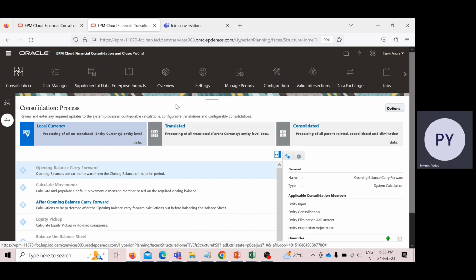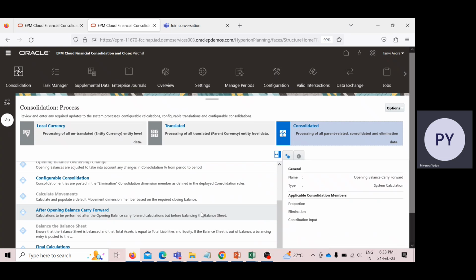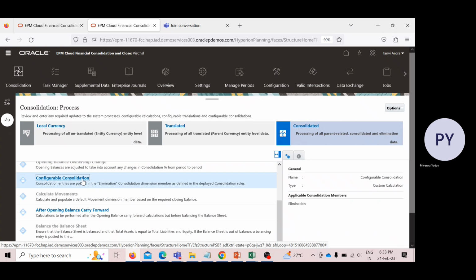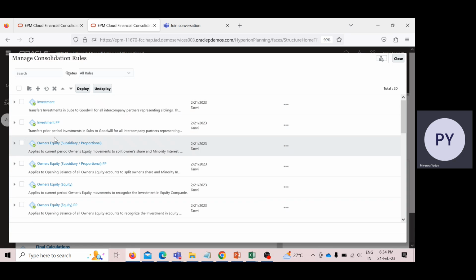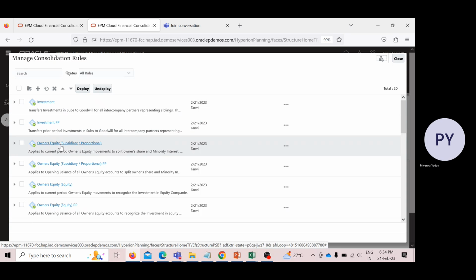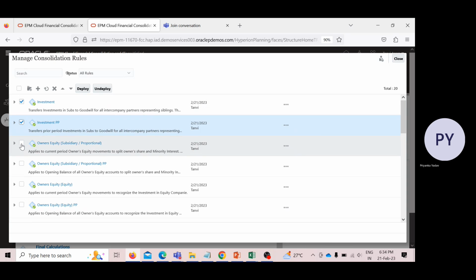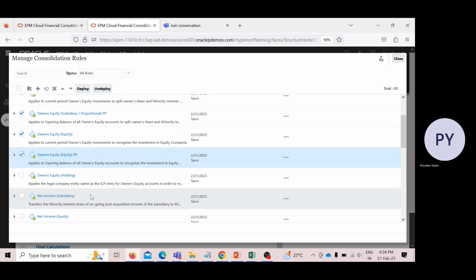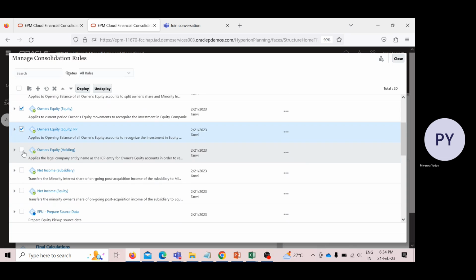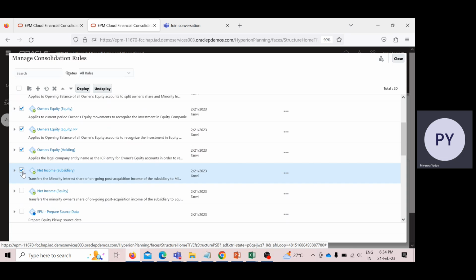I'm going into consolidation tab. Here in configurable consolidation, you will find the 9 rules: investment PP, owner's equity, and net income.